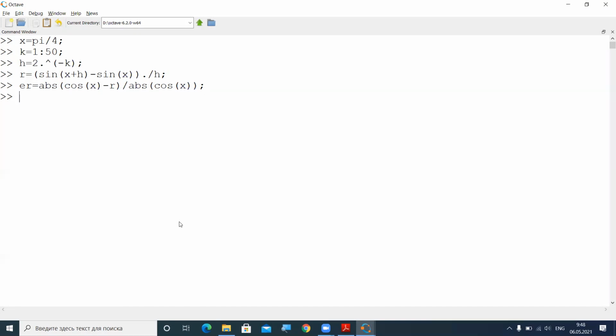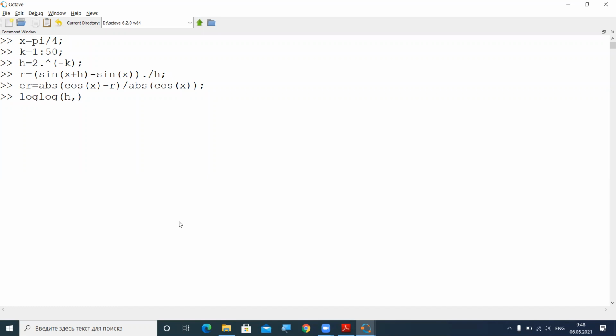Okay, now find the graphical representation. So log. Now we will use log because, as you can see, h will be the first variable. H is a very small number here, from 2 to the power of minus 1 till 2 to the power of minus 50.